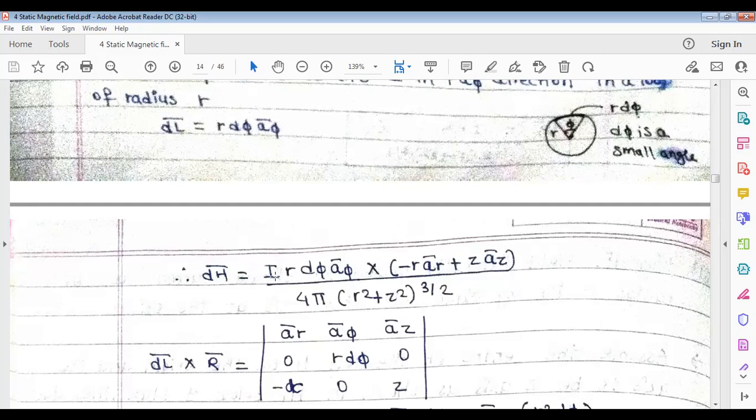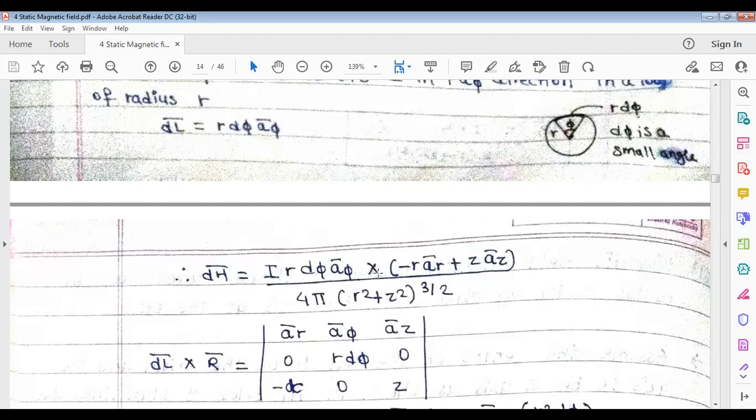So the term will be I R d phi into minus R. You can directly write this as minus I R square d phi into bracket.